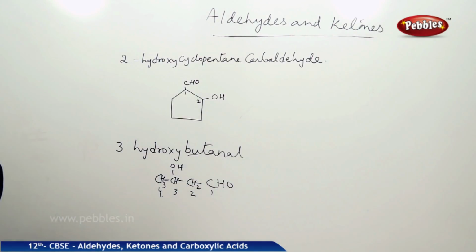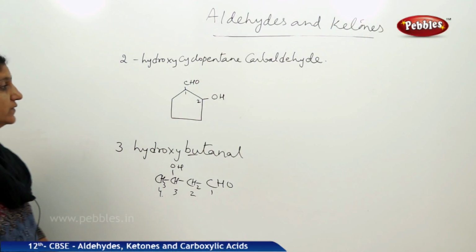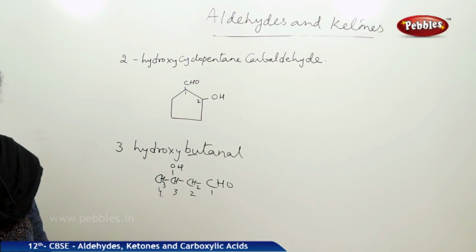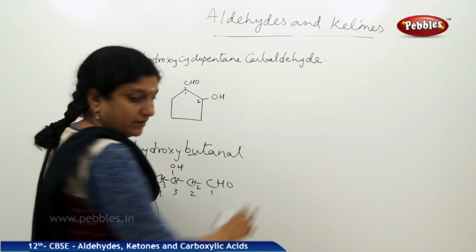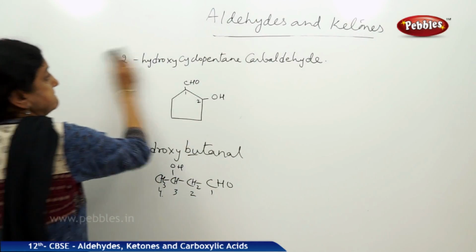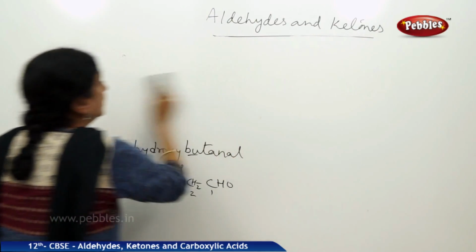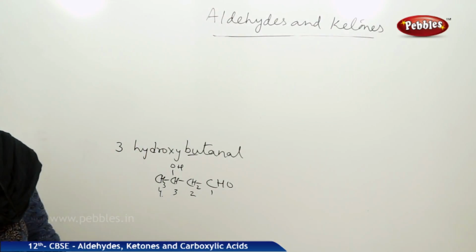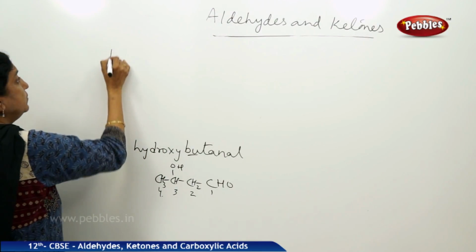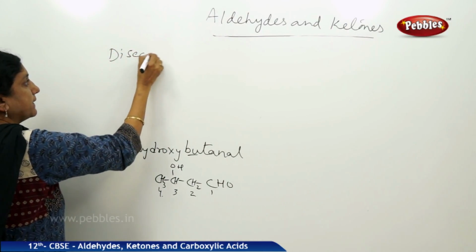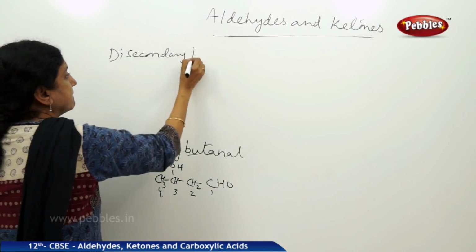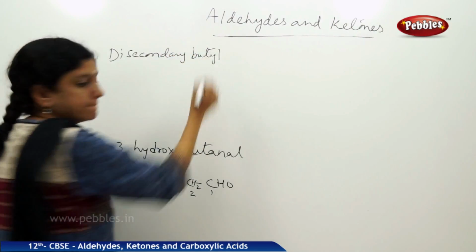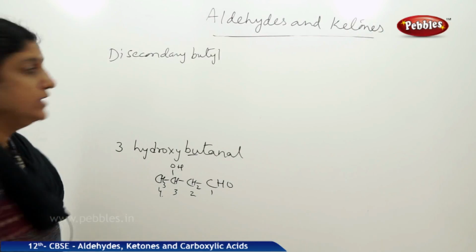3-hydroxy butanal, right. Now let us take one more example, that is, let us try to write the structure of a ketone. Disecondary butyl ketone.